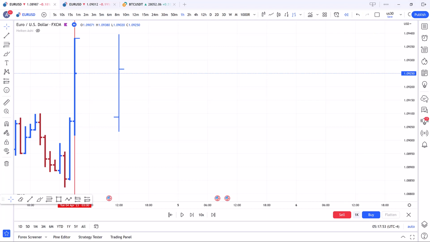So the left horizontal line is the opening price, the right horizontal line is the closing price, and this is the lowest price that the market went between 3 o'clock and 4 o'clock, and this is the highest price. It is a little bit different to this, but overall it is very like this. It's because the scale of TradingView sometimes changes from hour to hour, or maybe we chose a wrong 1 minute bar, for example for the opening price, one before or one after. Anyway, this is how it works.